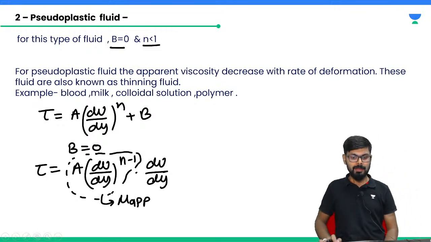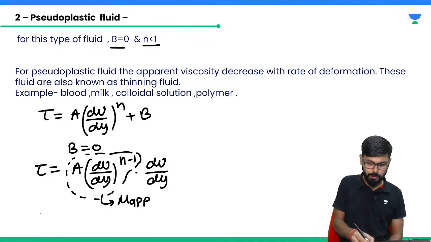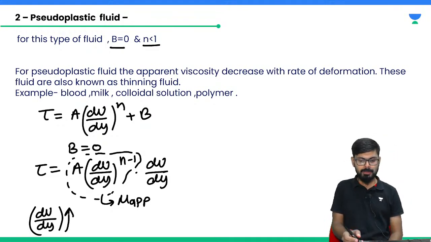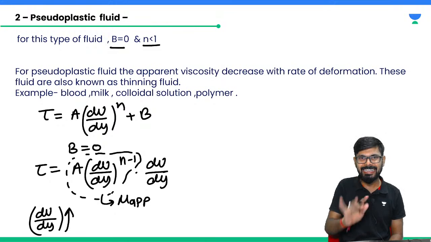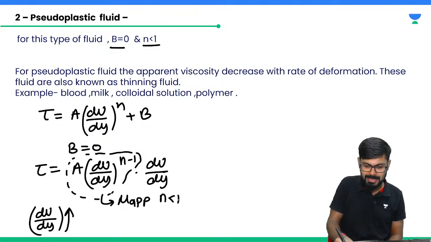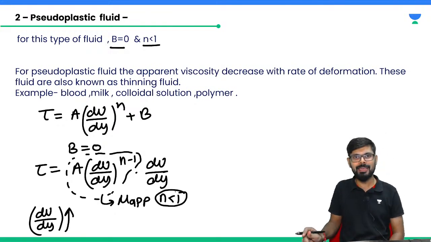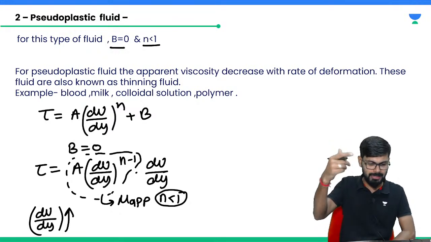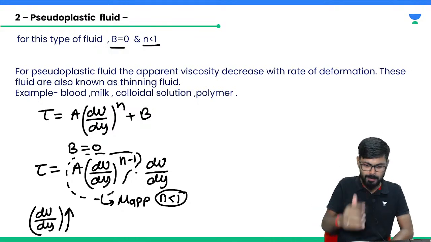Now here you can see, if you increase du/dy value, then mu apparent value will decrease. Why? Because n value is less than 1, so the power is negative. So if you increase du/dy, then this value will decrease.